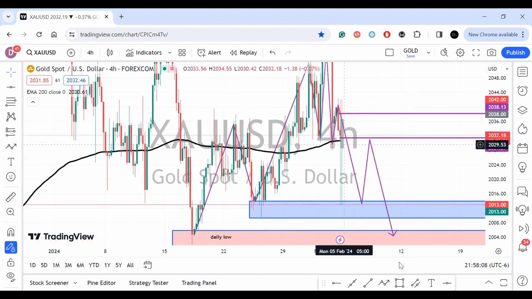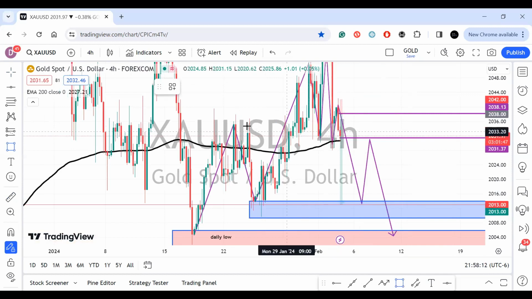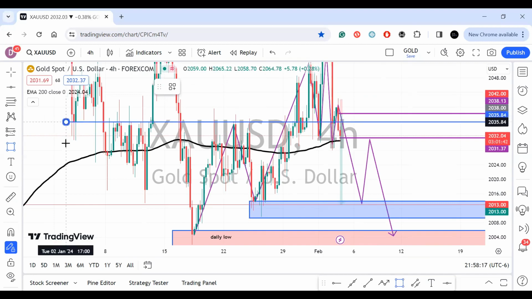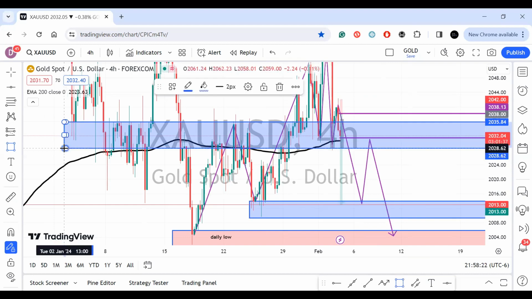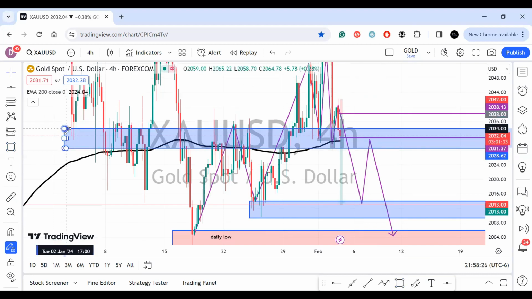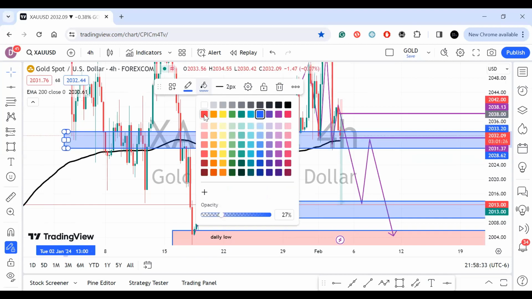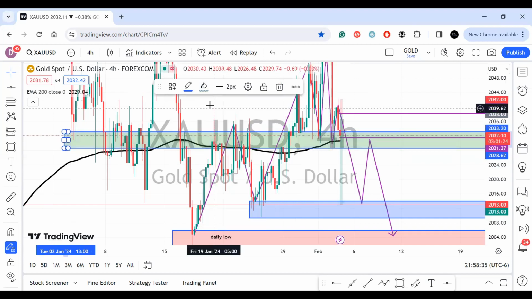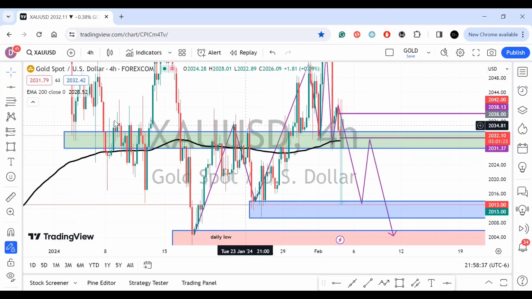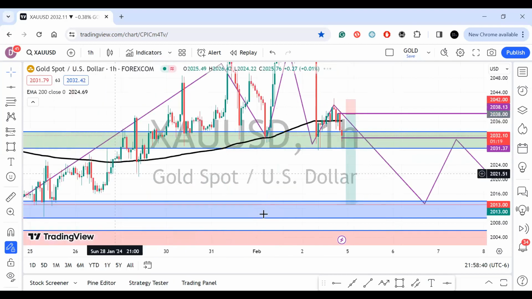So I'll be looking for price to come back to retest these zones. This is my anticipation for our next buy.